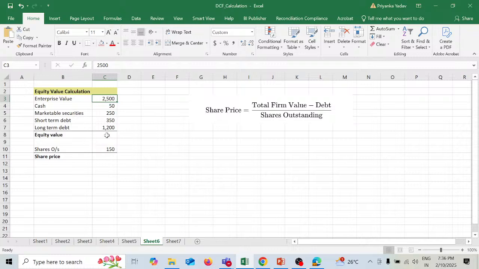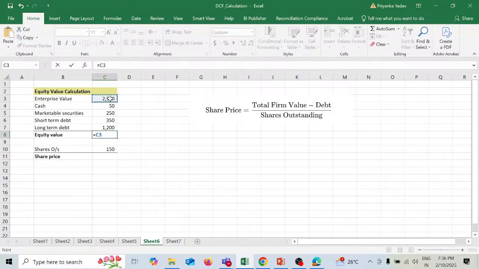First we'll calculate the equity value over here. So this is simply, equity value means all the firm's value over here minus the debt. This is equal to your enterprise value firstly.